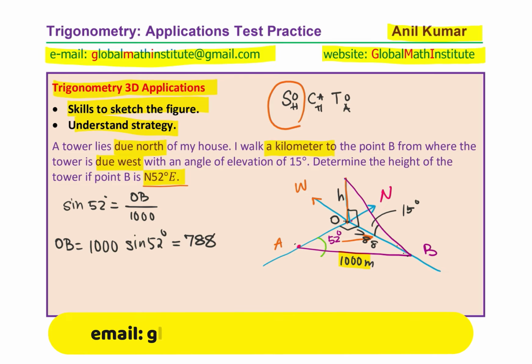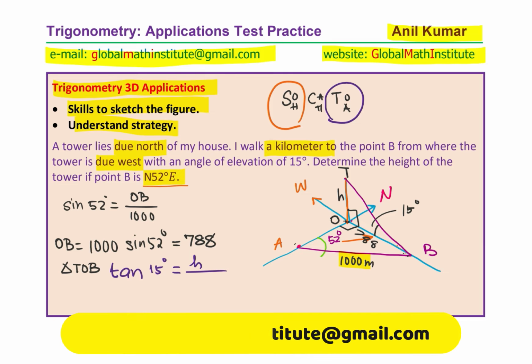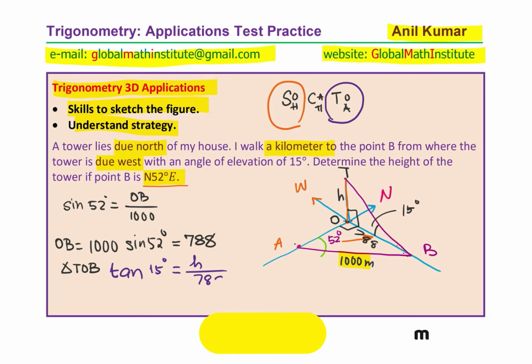Now let's look at the triangle itself. We are looking at the tower, let's say T for tower. So TOB. So in the triangle TOB, what do you notice? It's again a right angle triangle where we know the angle of elevation being 15 and the adjacent side this time is 788. So when you know the opposite and adjacent side, which ratio are you going to use? We'll use the tan ratio, right? So we can say tan of the angle 15 degrees is equal to the height over OB, and OB we just calculated as 788.